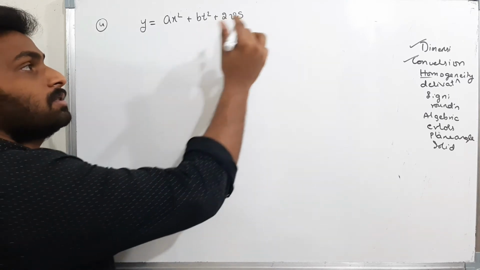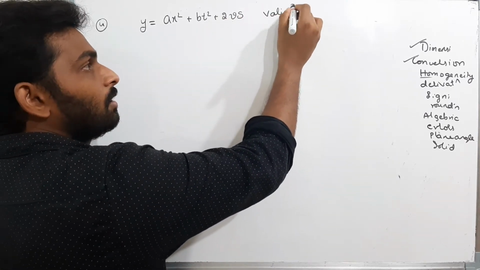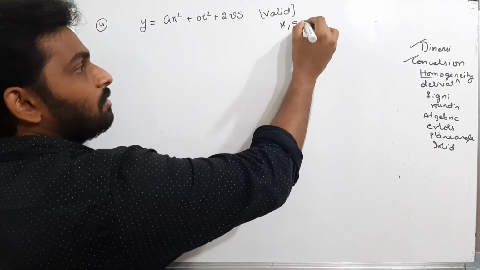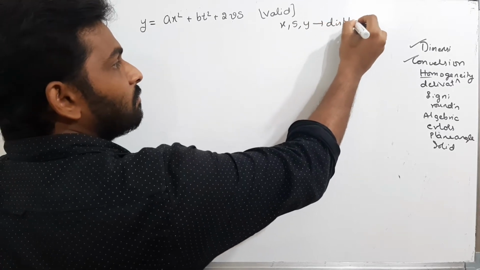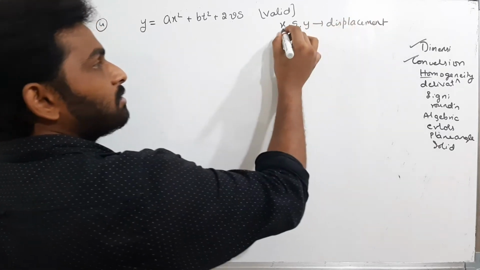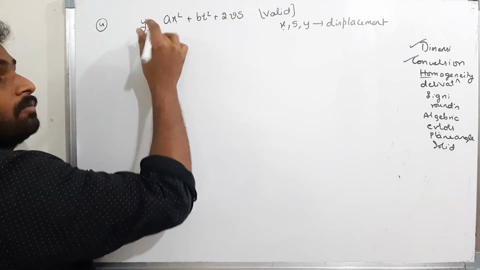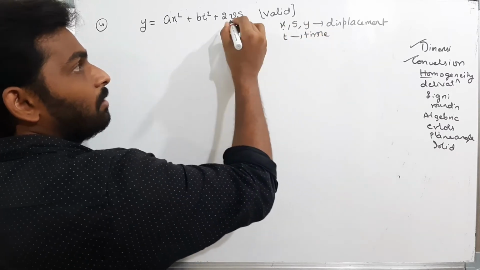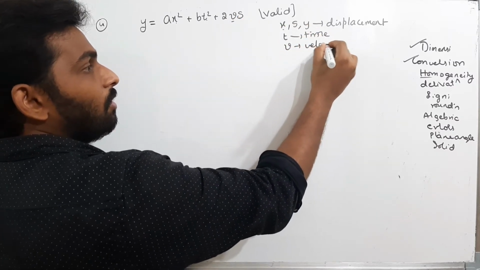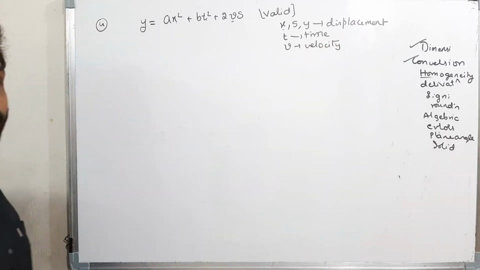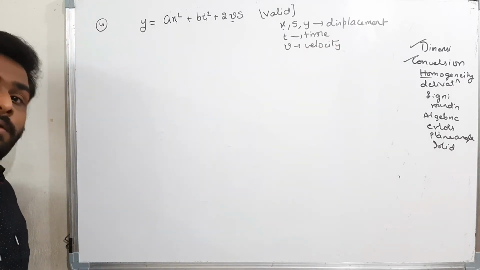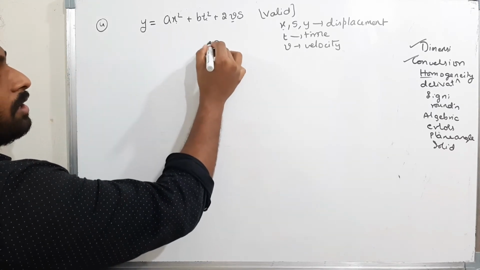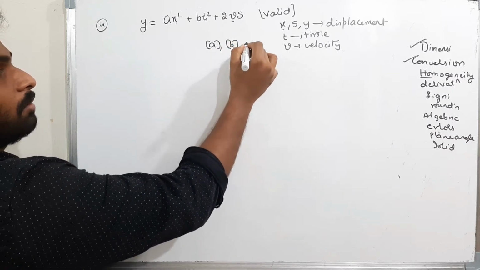They told this equation is a valid equation, where x, s and y are displacements, where t is time, and where v is velocity. Now, they told us to find the dimension formula for A, the dimension formula for B, and the dimension formula for C.